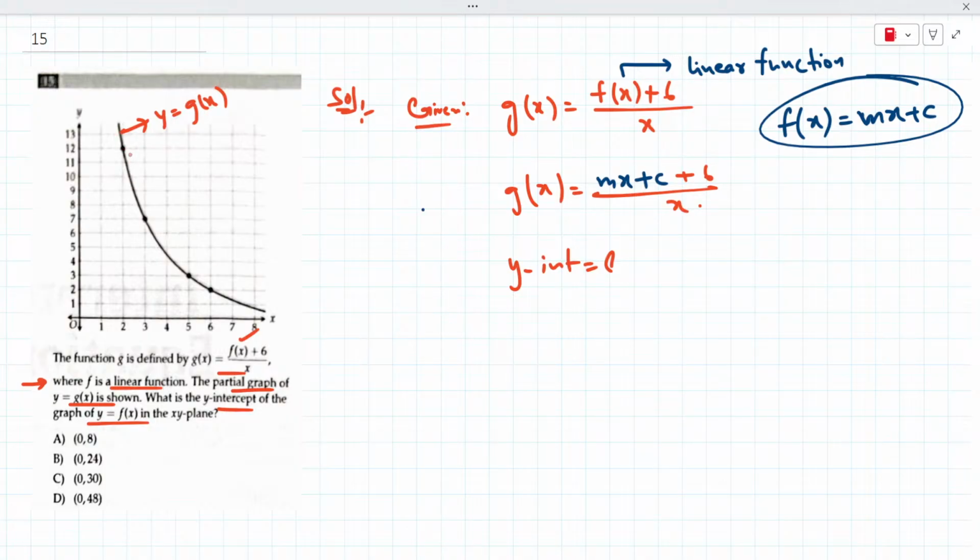If you see carefully, they've given some points here. If I write the points, it's going to be (2, 12), because of this 2 and this 12, then (3, 7), then (5, 3), and then (6, 2).